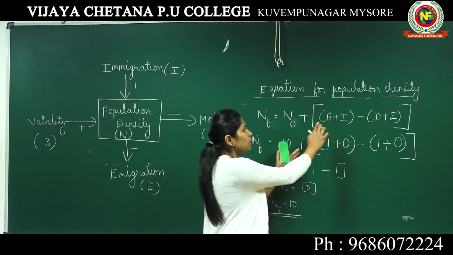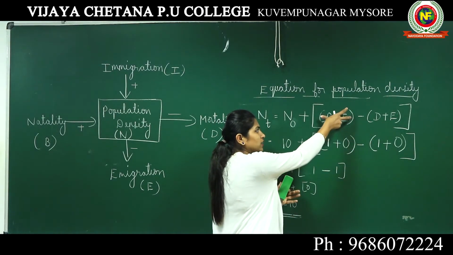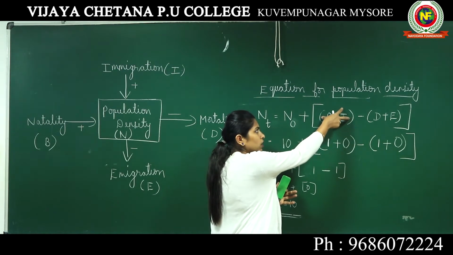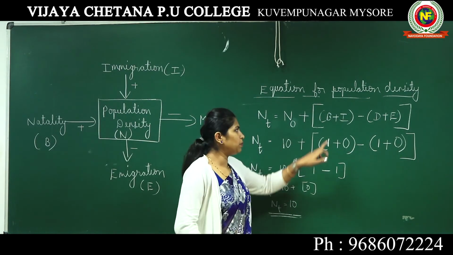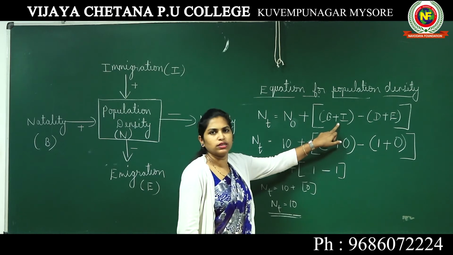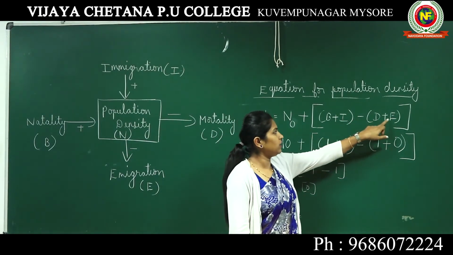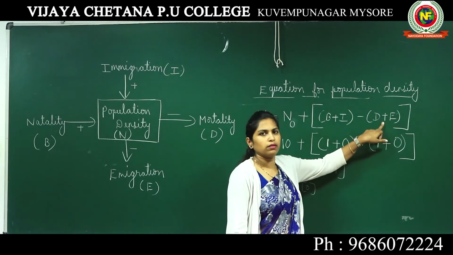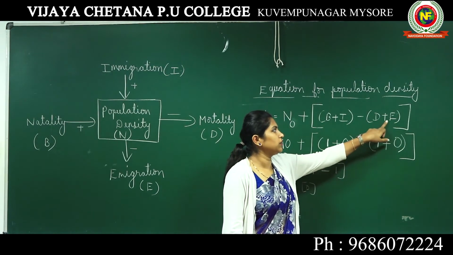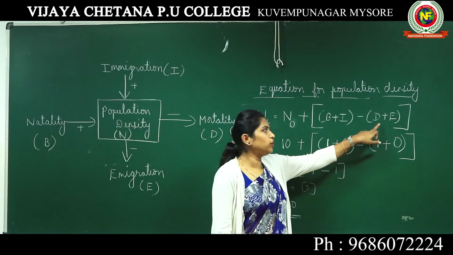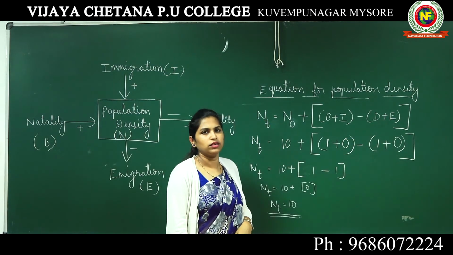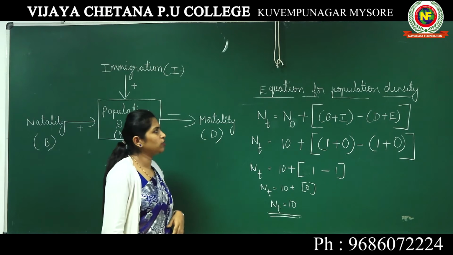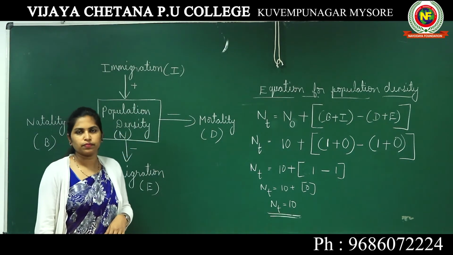Here you can see birth rate and immigration are added under a single bracket, because these two add to the population density. Whereas D and E, death rate and emigration, are under a single bracket, because they are reducing the population density. So this is the equation for population density.